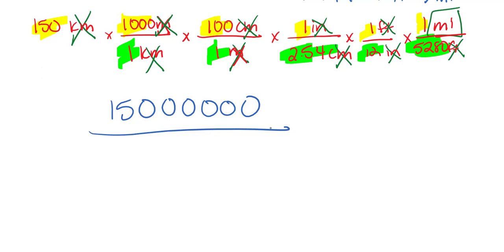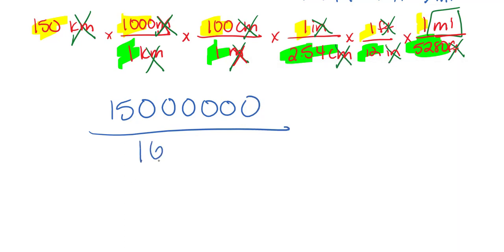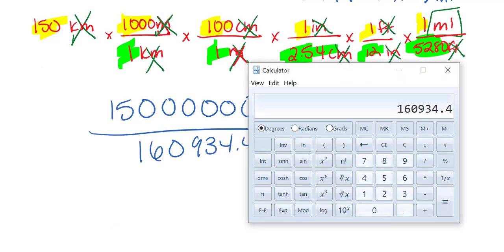And then let's calculate what's on the bottom. We have 1 times 1, so that's just 1 times 2.54, and that's just 2.54 times 12 times 5,280, and we get also a very large number, right?